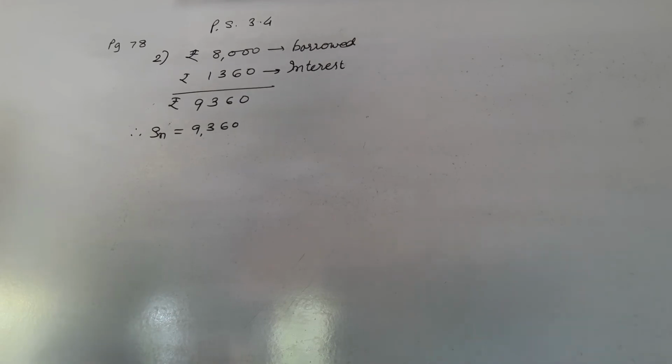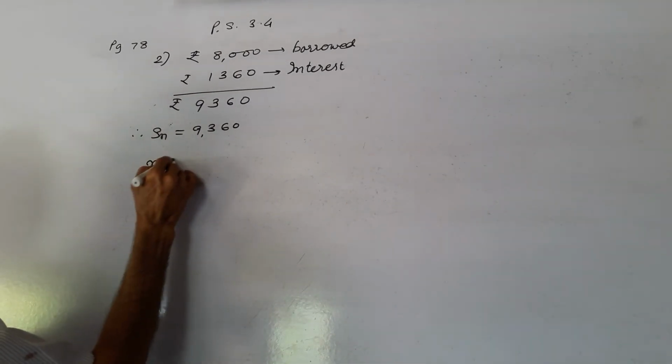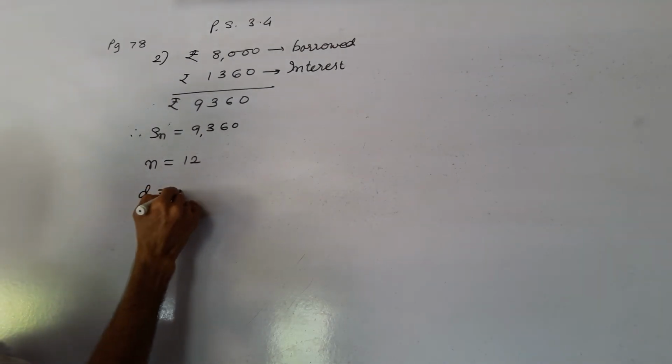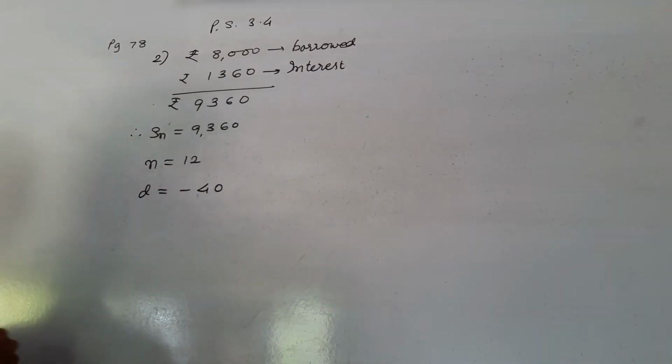But how does he repay? In 12 installments. So 12 numbers will come, and therefore n equal to 12. And here in each installment the common difference is, less than is there, so d is equal to minus 40, because each installment is less than the preceding by rupees 40.